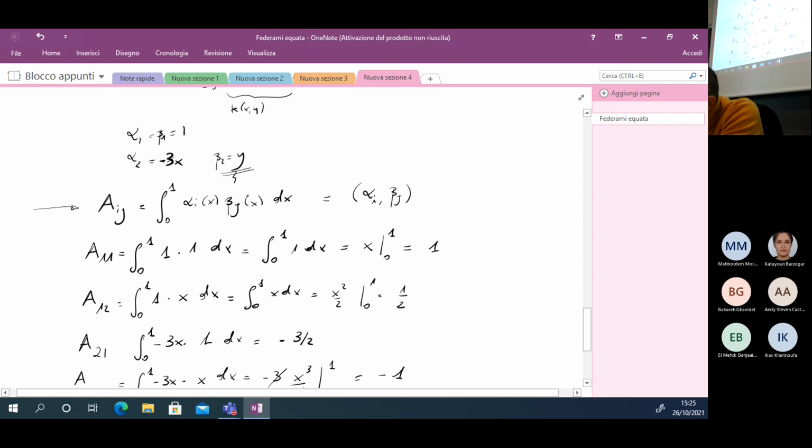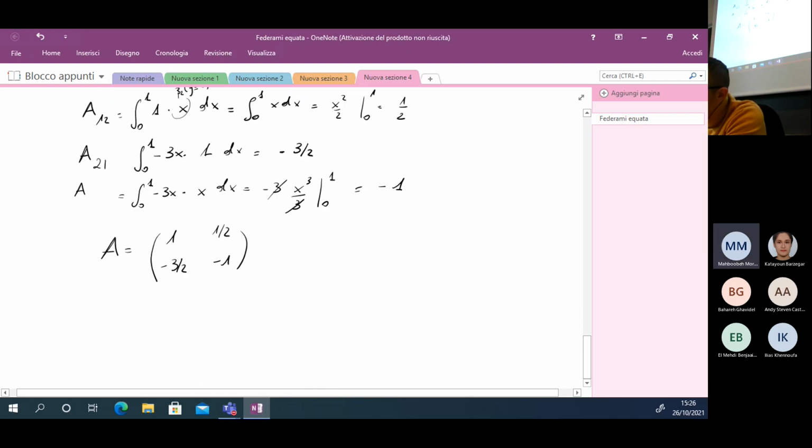So this is equivalent to considering beta j of y when y is equal to x. Since here I have a beta 2, this is beta 2 when y is equal to x. It is this object, which is x. Okay? Yes, Professor. Thank you.